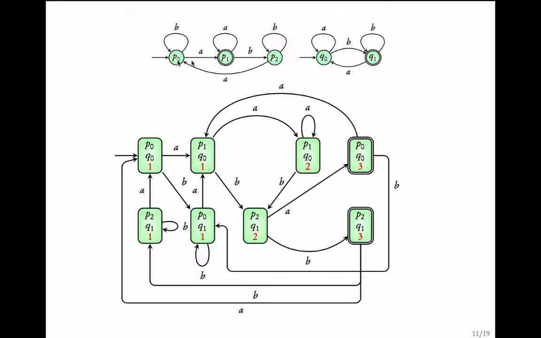So this is the run A, B, A, B, A, B, A, B and so on. And the second component would be tracking the run of A, B, A, B, A, B on this automaton. So for any word, any infinite word, this product automaton with these flags would be tracking the runs of both these automata and also tracking whether both of them are seeing their accepting states infinitely often.